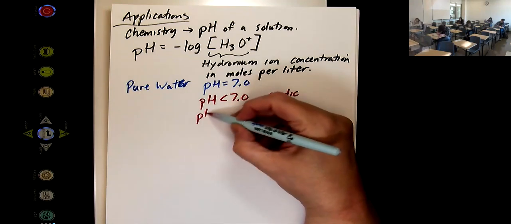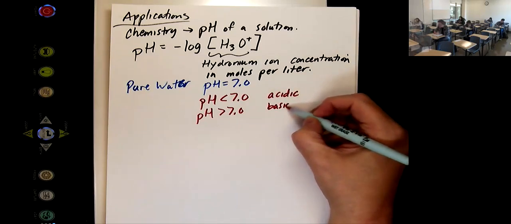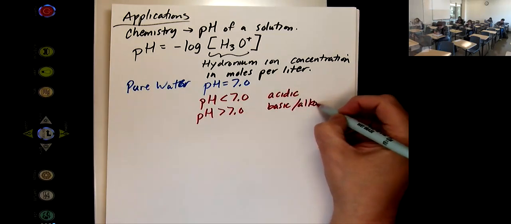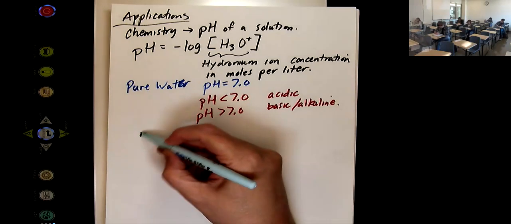And if it's greater than 7.0, it's considered basic or alkaline. We usually round to the 10th for pH.